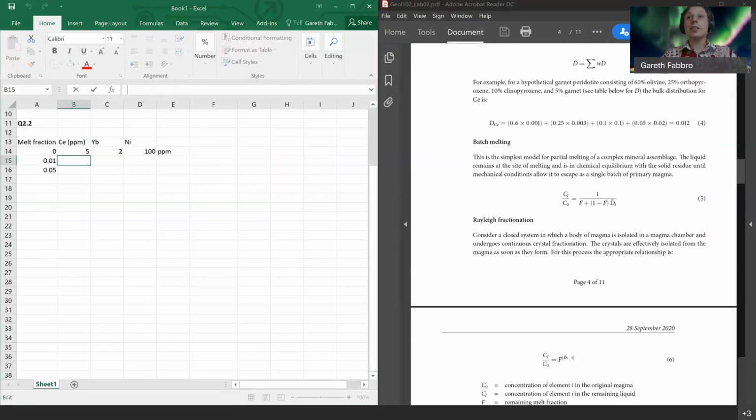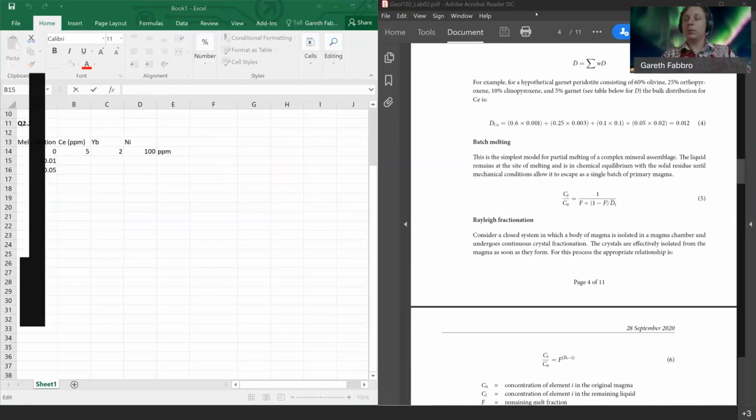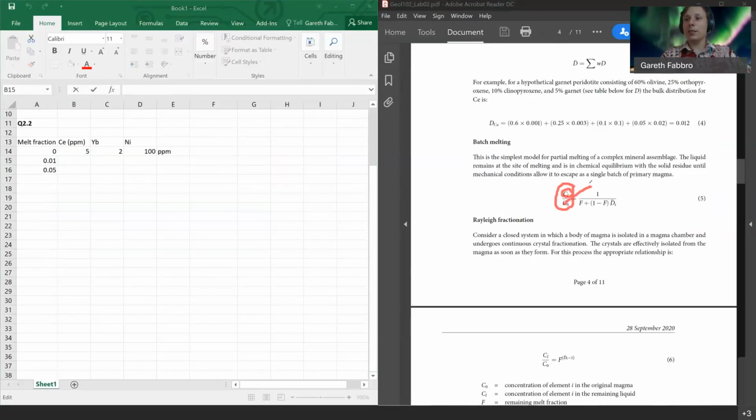What the question's actually asking for is the concentration in the liquid, the melt. So it's this. And what the equation here gives you is this, CL over C0. What you have to do is take your C0 and move it up that way. So you're multiplying both the left and the right-hand side by C0.